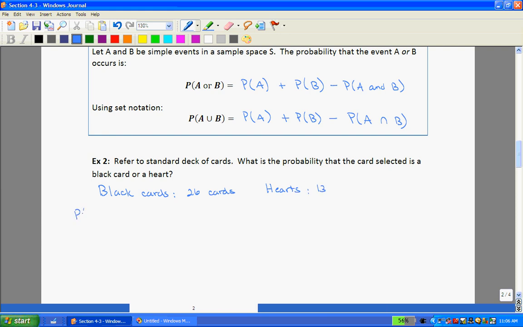So we're looking for the probability of a black card or a heart. And if I use my formula up above, I know that that's really the probability of a black card plus the probability of a heart minus the probability of being a black card and a heart.